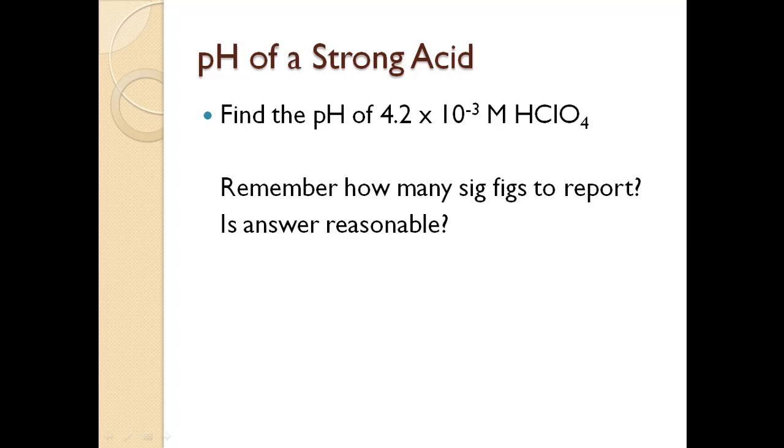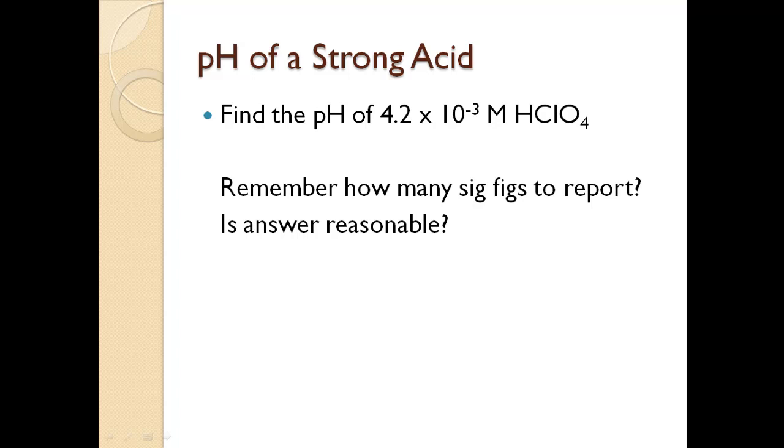Okay, what about this? Find the pH for 4.2 times 10 to the negative 3 molar perchloric acid. You put in negative log of 4.2 times 10 to the negative 3, you get 2.38.